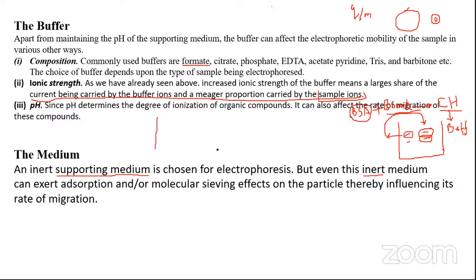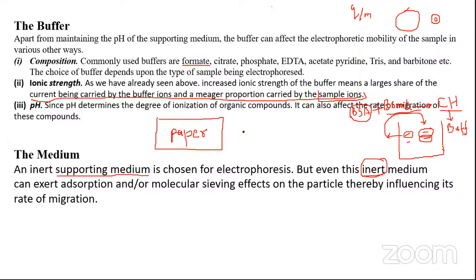For example, one support medium is paper. So when you're using paper as the support medium, it is not essentially inert, right? I hope that you might have studied something about the properties of paper during chromatography, right? Essentially, what is paper chemically? Cellulose. Yes, it's cellulose.